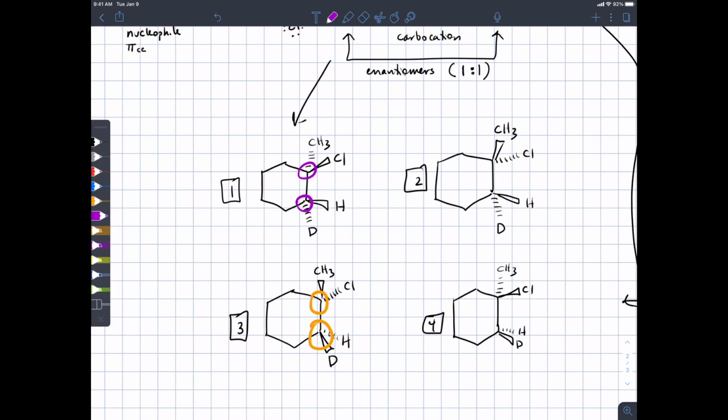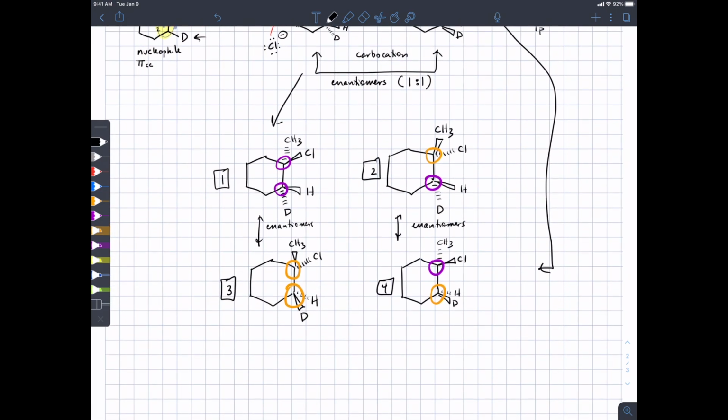And how about 2 and 4? Looks like 2 and 4, and I'm just using color for stereochemical configuration, should also be enantiomers. So the enantiomers have to be present in a 1-to-1 ratio.